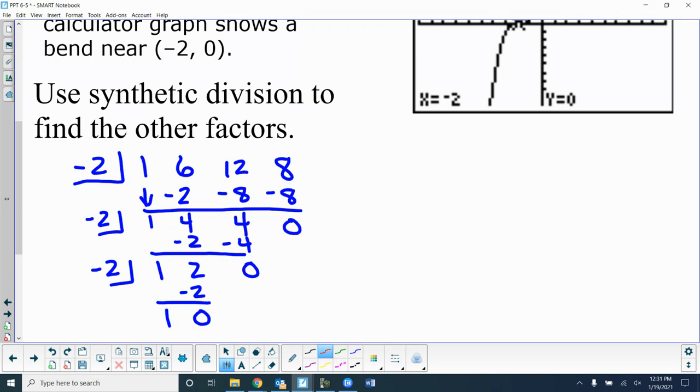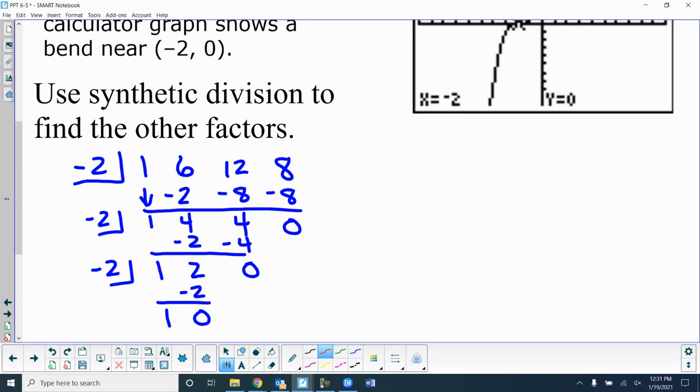Do it again. So I just draw a line to the 4 now, because the 0 worked. Drop the 1 again. -2 times 1, -2. Add those, I get 2. -2 times 2 is -4. Add those, I got a 0. Supposed to work another time, so I try it again. I'm going to go to the 1 and 2. Drop the 1 again. -2 times 1 is -2. 2 plus a -2, 0.